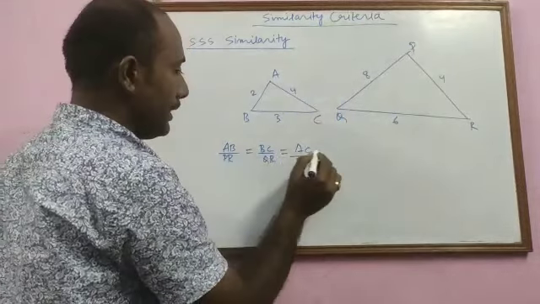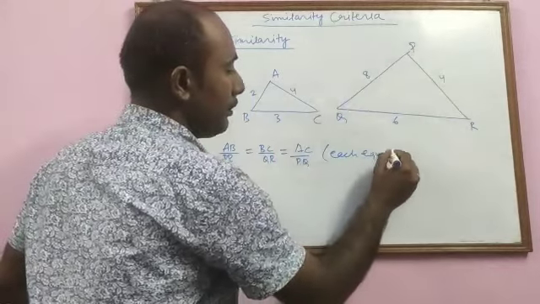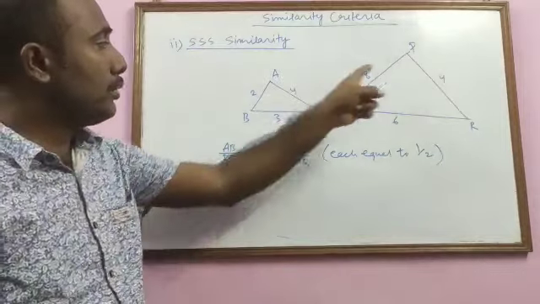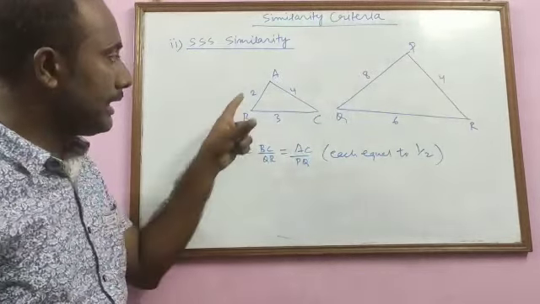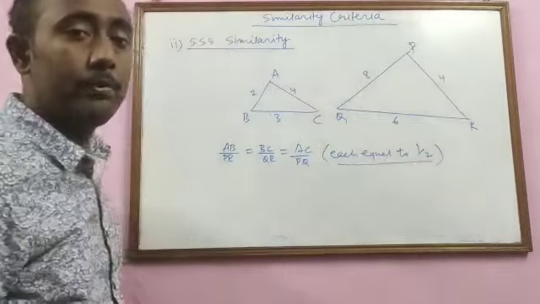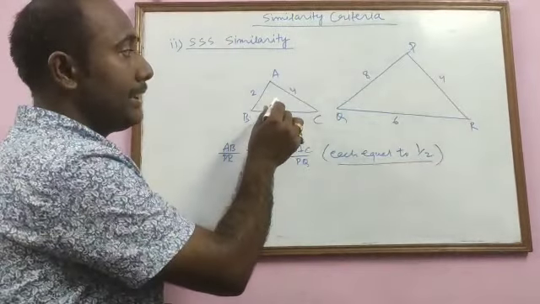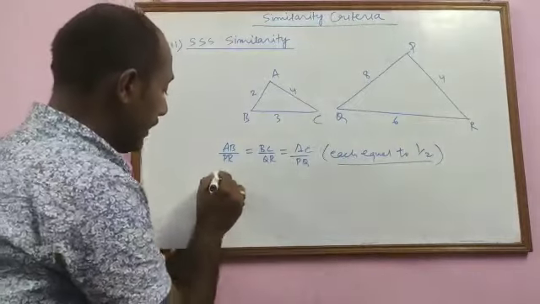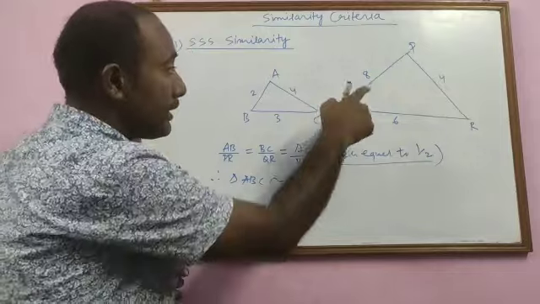So each one of these ratios is equal to 1 by 2. If we compare the ratio of the sides of the two triangles, we get the ratio equal to 1 by 2 in each case. So the three sides of this triangle are correspondingly proportional to the three sides of the other. Therefore, triangle ABC will be similar to this triangle.